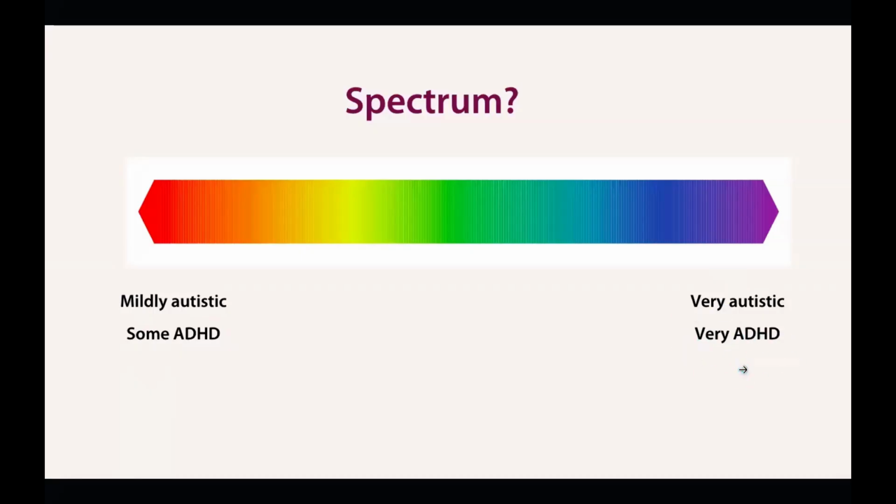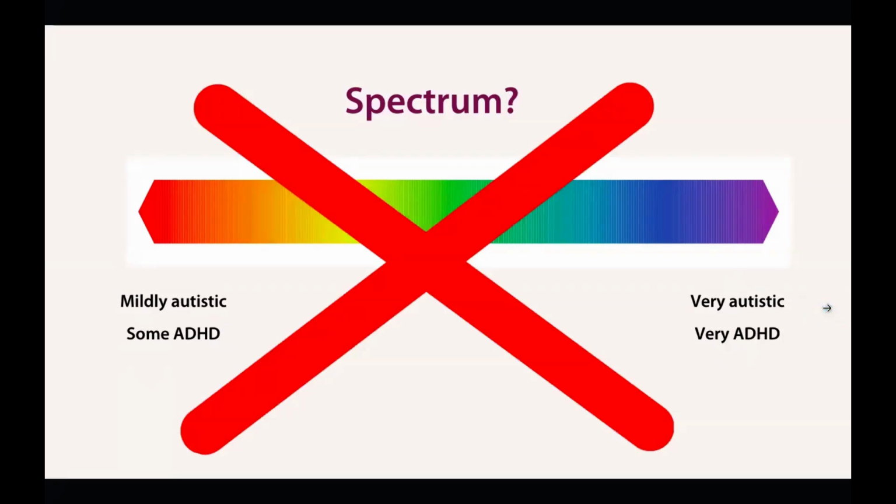It might be the same with any of the neurodivergent conditions, so dyslexia, dyspraxia, hyperlexia, synesthesias, where people's senses overlap. And it may be that people are thinking, oh, the spectrum goes from mildly affected to greatly affected. And I'm here to tell you right now, that's not how it is. And it's not that everybody is on this spectrum somewhere. They are not. Okay, it's the 1 in 5 of us who are.